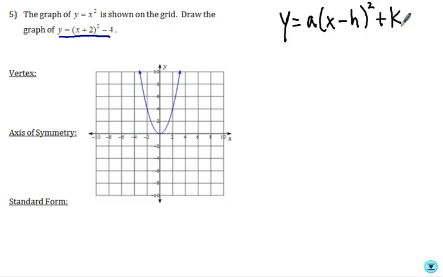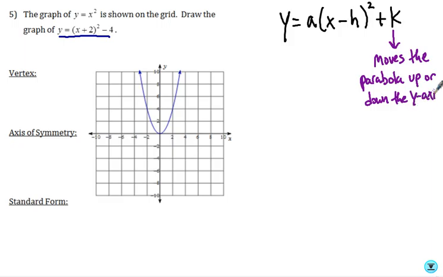But basically, this k right there moves the parabola up or down the y-axis. That's what we just noticed. It didn't move it left to right at all, it just moved it up or down. So I'm already thinking that the -4 is going to move it down 4.